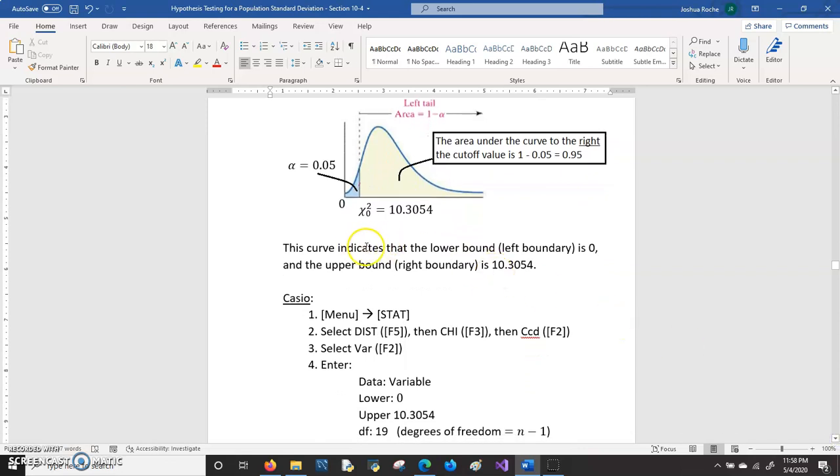And remember that the left boundary of this region is 0. Always the left side of the chi-squared curve is 0. And then our right boundary is going to be our test statistic, 10.3054.